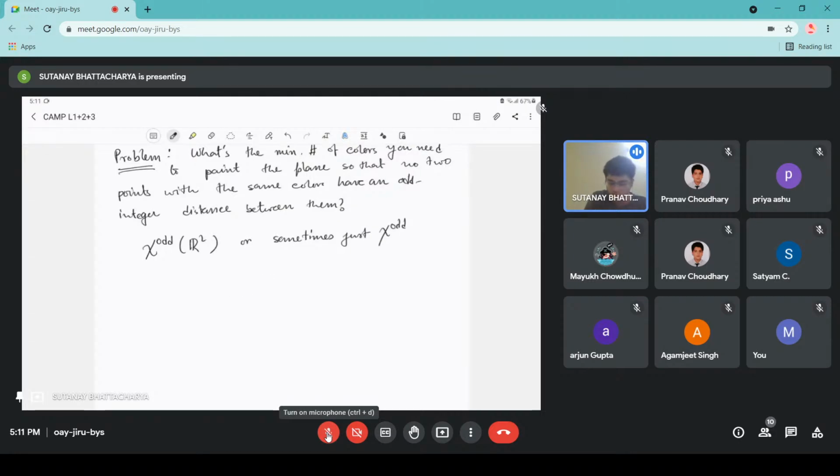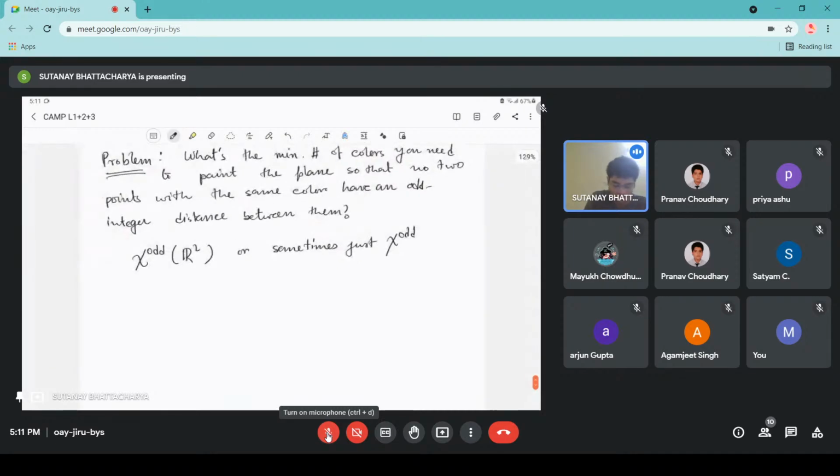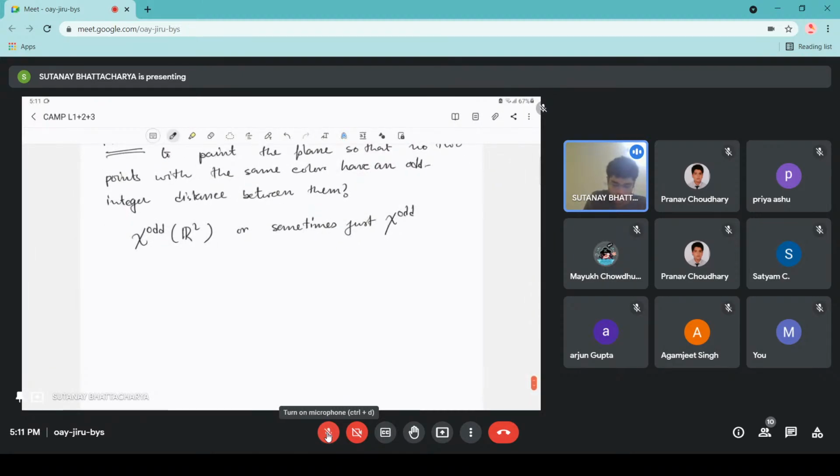Then the Hadwiger-Nelson problem asks what's the chromatic number of that graph. The idea behind these kinds of problems is to figure out some graph theoretic properties of the graph. Now, for the odd distance graph, there were some cool things known at that point.